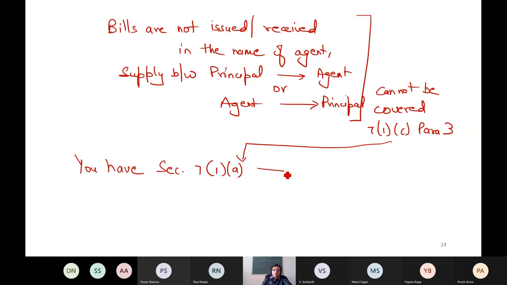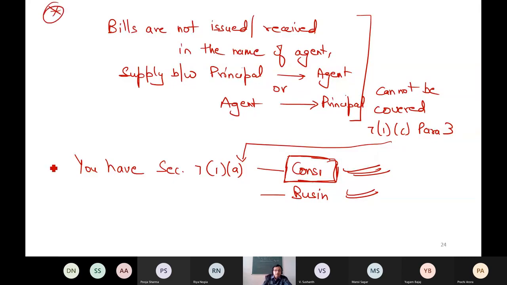7(1)(a), where what are the conditions? That consideration is also required and business is also required. So I can say that if bills are not issued in the name of the agent, bills are not received in the name of the agent, still it can be supply, but in that case consideration is must. In that case consideration is must. So technically I have discussed these 2 points. And third is what?